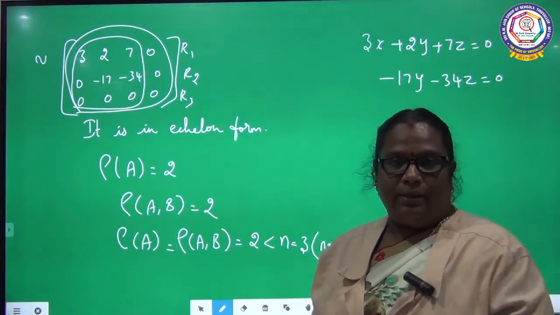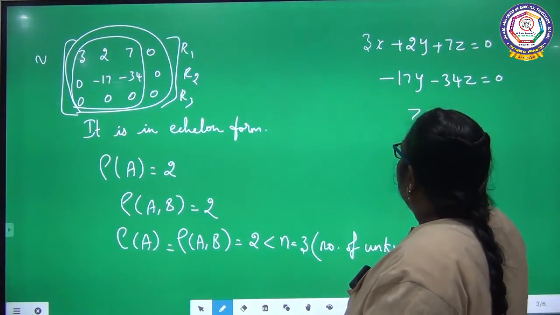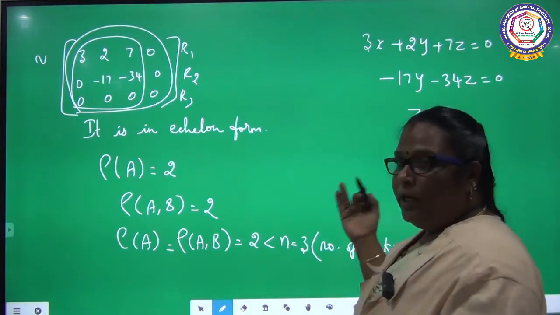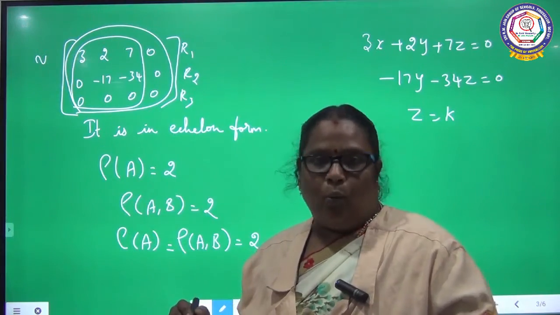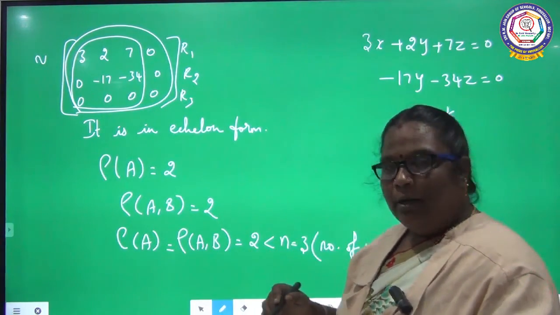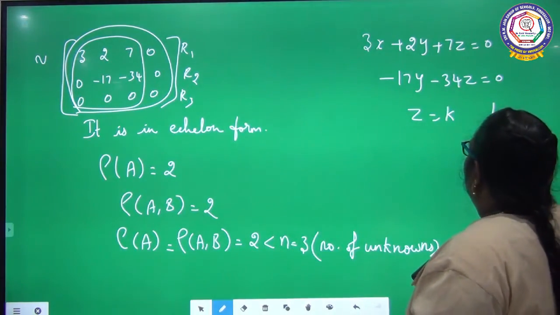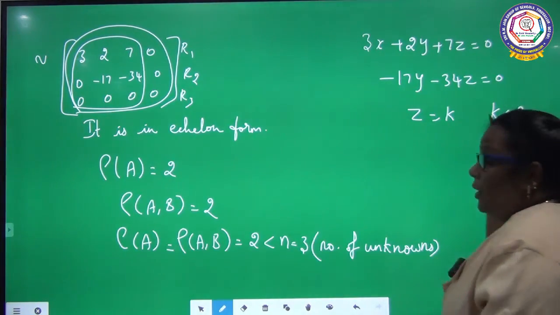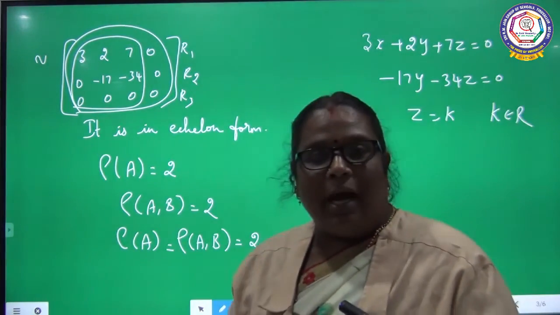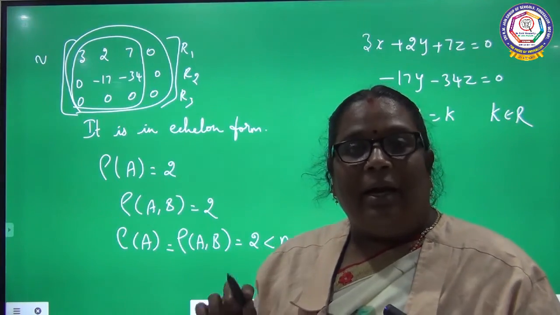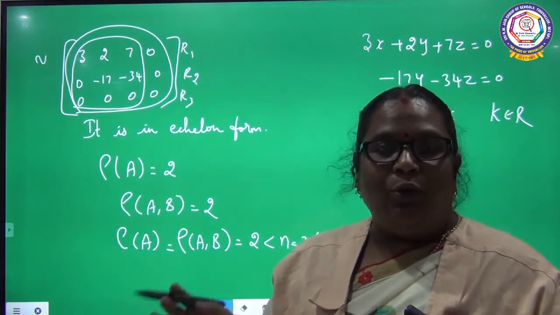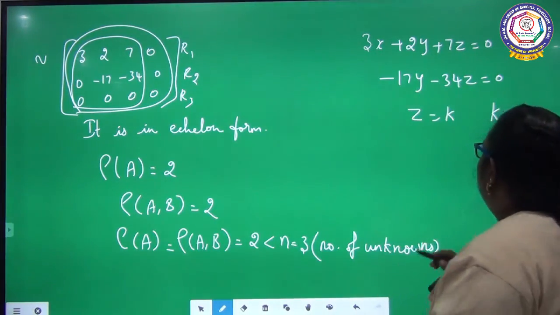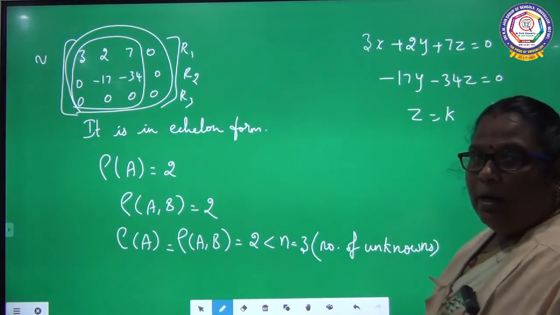The last row is fully 0, so you can take any one of the variables, either x or y or z. Let z equal to k, where k belongs to R. I already discussed this with you: R means real numbers, taking values from minus infinity to plus infinity.